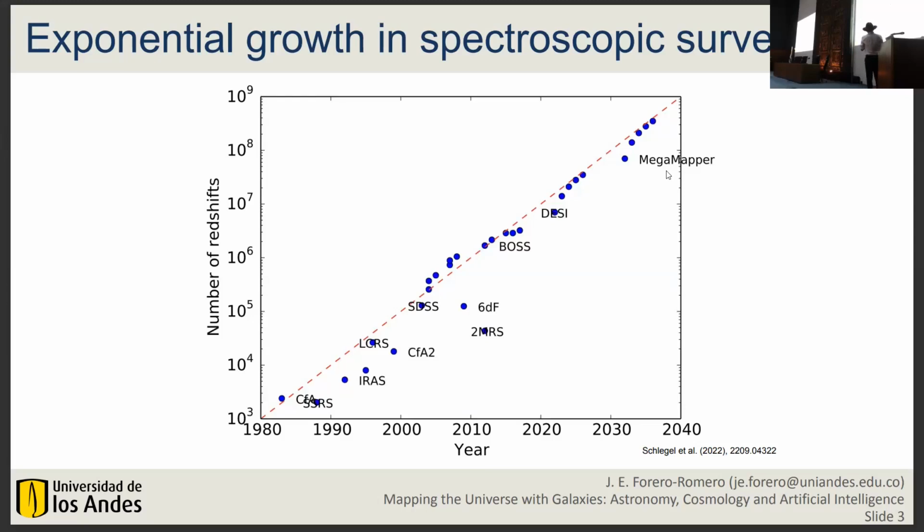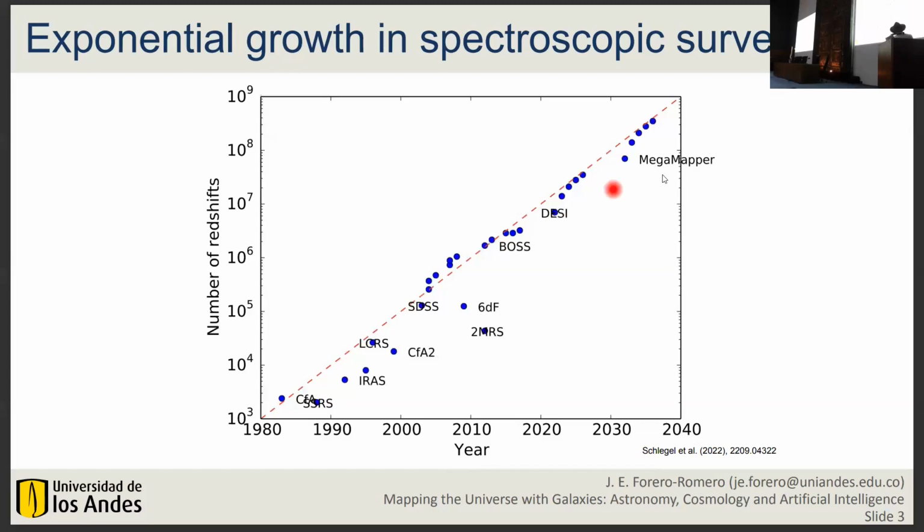In the 2000s, we have the very well-known SDSS project, which at its peak was gathering a few 100,000 spectra, redshifts. Then the next generation, BOSS, by the end of the last decade, gathered around 2 million spectra. And the goal with DESI, when it finishes in 2026, will be to have at least 40 million spectra.